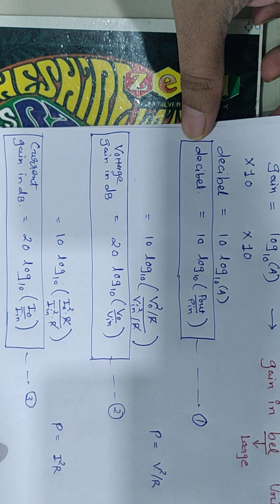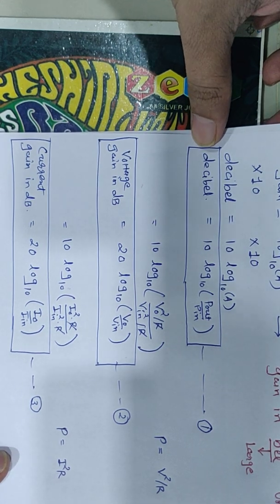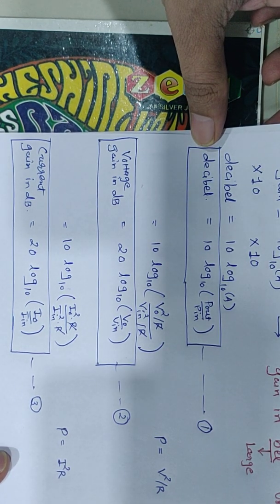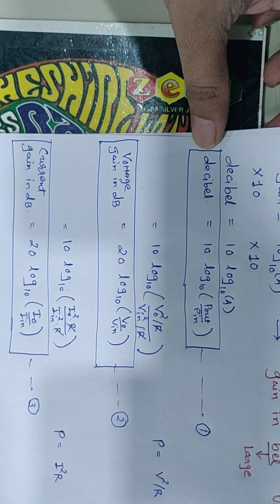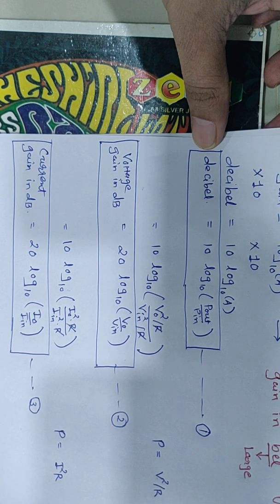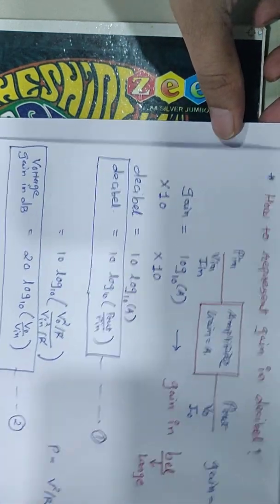By these equations we can convert our normal gain into the particular decibel gain, which may be power gain, voltage gain, or current gain. Okay, so now let us discuss one table.